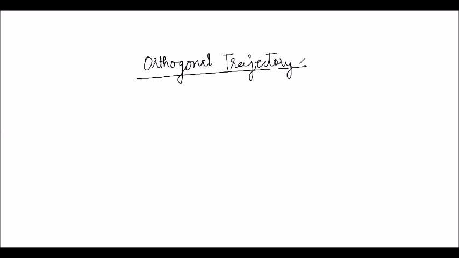Now, when I add the word orthogonal with trajectory, you all know what orthogonal means: 90 degrees. So when the trajectory cuts each curve of the family at an angle of 90 degrees, then that trajectory is termed as orthogonal trajectory.